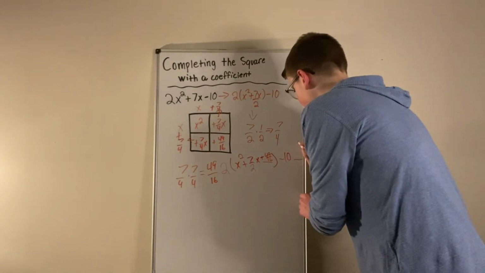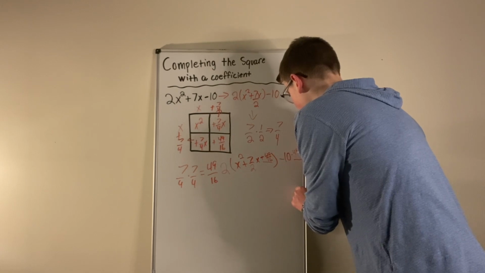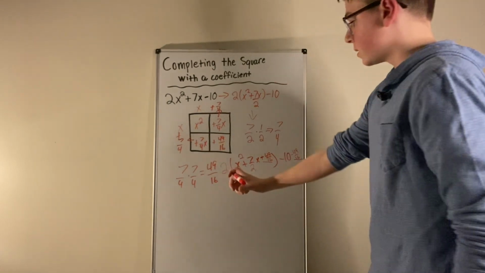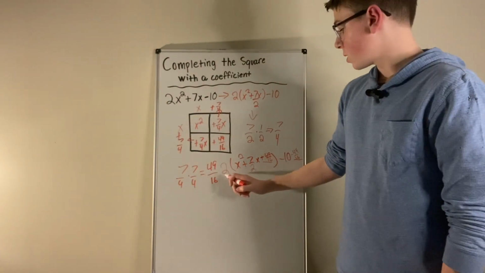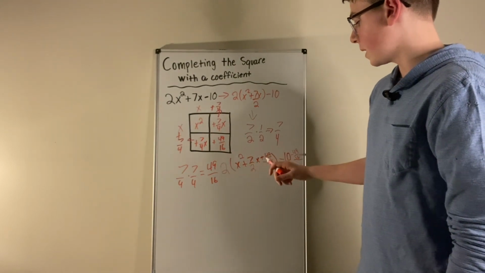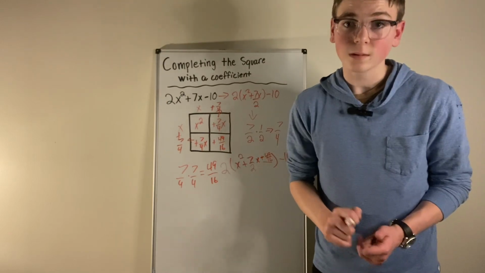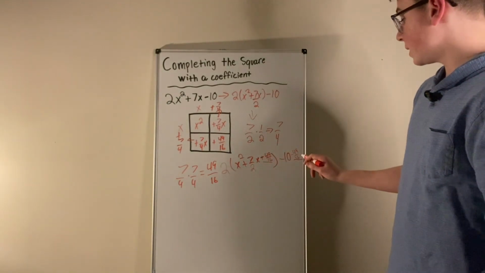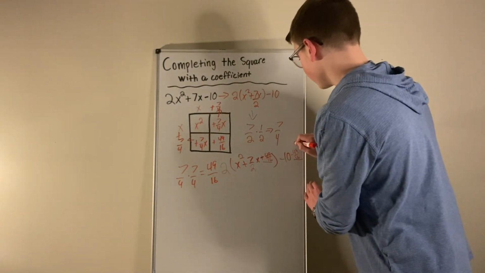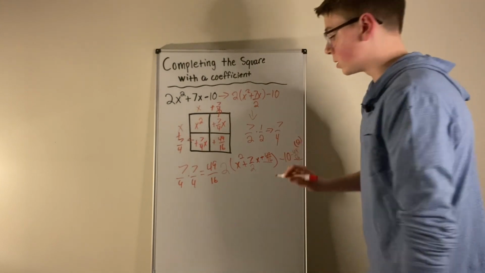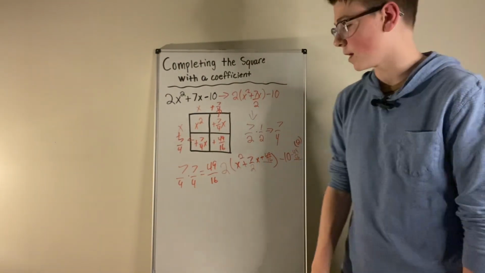So we subtract 49 over 16. But you see there's a coefficient here. This coefficient is distributed to this 49 over 16, so it's a 49 over 8, technically. So this 49 over 16 we subtract here is multiplied by the coefficient out front, the 2.